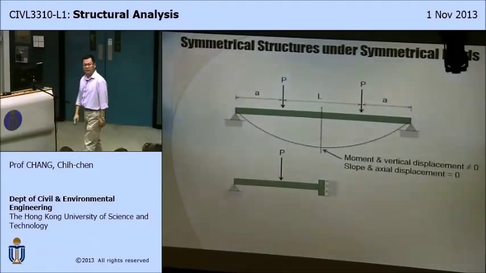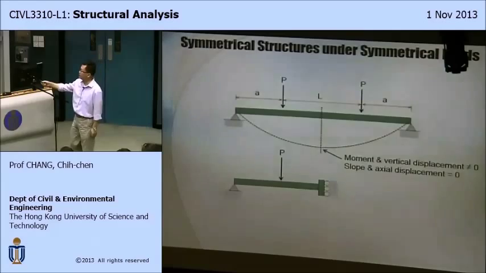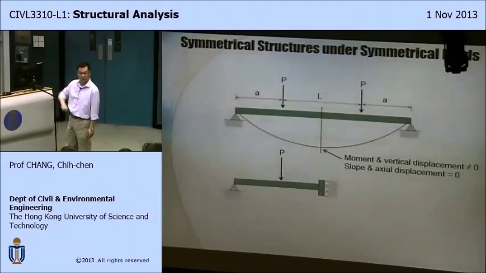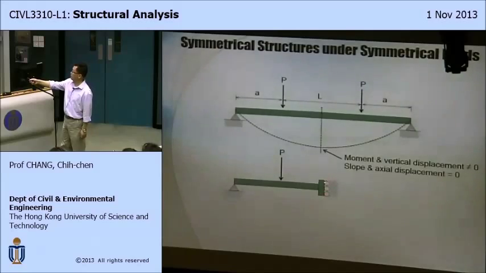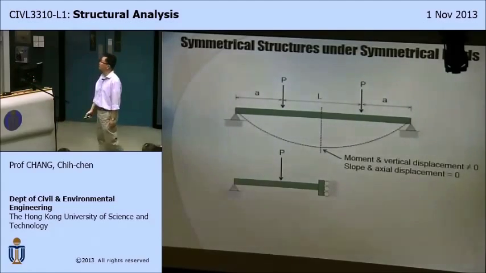Now, such a property is exactly the same as this kind of support. With this kind of support, you allow this point to go down vertically. And this kind of support also prevents this position from having slope. Slope is equal to 0. However, it will have some bending moment coming from the support.